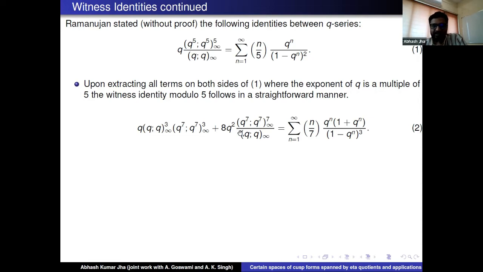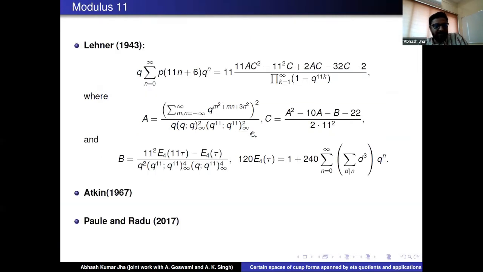We'll see things are complicated in the case of 11 because the underlying modular curve has genus 1. The modular curves of level 5 and 7 are genus 0, so there are sufficient eta quotients to span the space of modular forms, but that is not the case in level 11. So I'll first state the witness identity which we obtained.